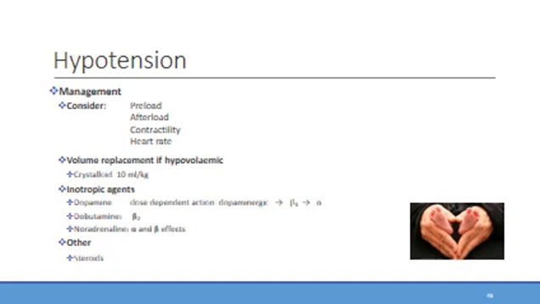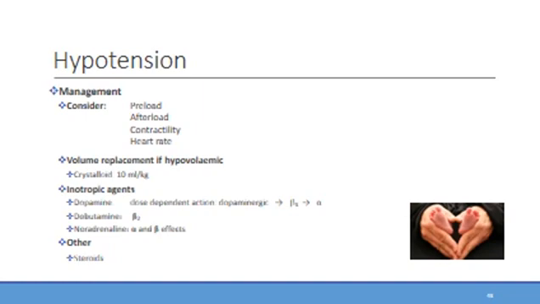At higher doses, it will stimulate beta-1 receptors that can increase the contractility of the myocardium and can increase the heart rate. And when exceeding 15 micrograms per kilogram per minute, one can then have alpha effects that will increase the peripheral vascular resistance and will increase the blood pressure.